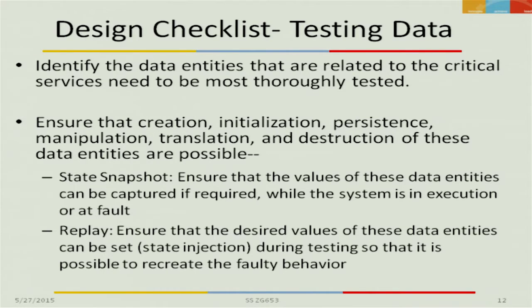Those applications are compiled using different options, a debugger option, and then when the system is at fault, the system crashes and creates a huge core file, and that core file contains the values of these entities when the system crashed, and that helps during debugging as to what was the state. So what's being said here is that for certain special data entities, take special care and, if possible, create such kind of values, or create a mechanism by which a state snapshot can be created.